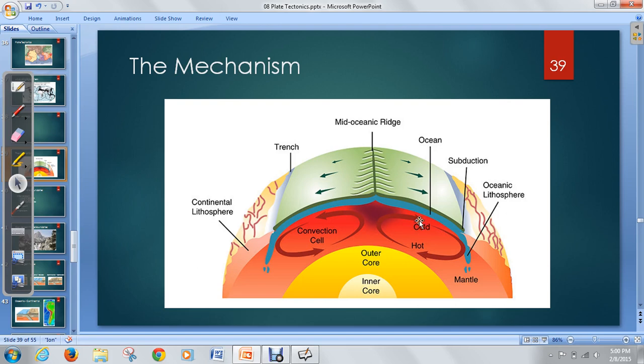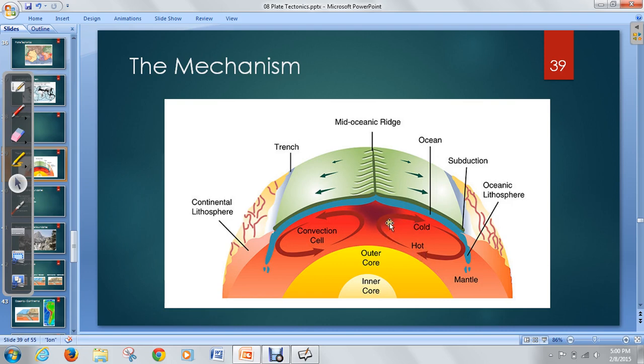The asthenosphere is right under the lithosphere, and that's responsible for that slight movement. It's what causes that lithospheric plate to move slowly over time, because the asthenosphere is not solid. It's a putty-like material, so the plate can slowly move across the asthenosphere.